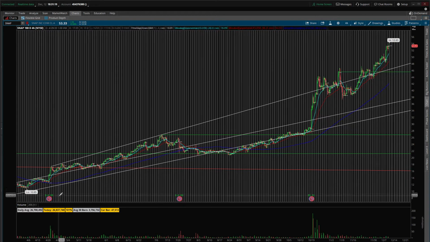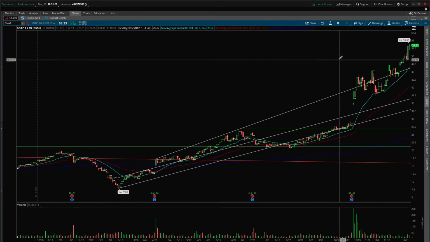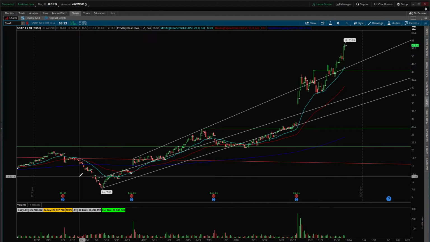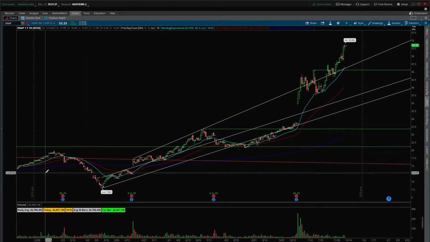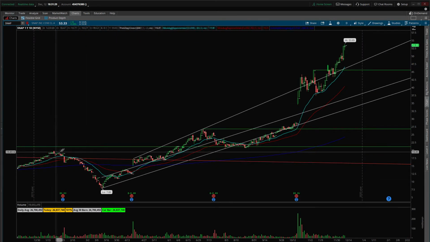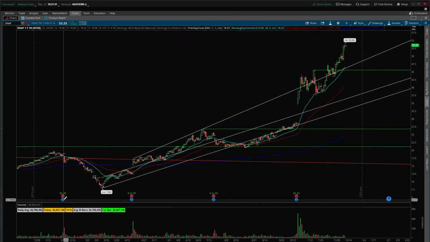I think one of the main drivers for them, and I'm going to zoom out to the 1-year chart really quick so we can look at this, is that Snap had never had a profitable quarter until this year. So for quarter 1 2020, their first profitable quarter, 3 cents per share.